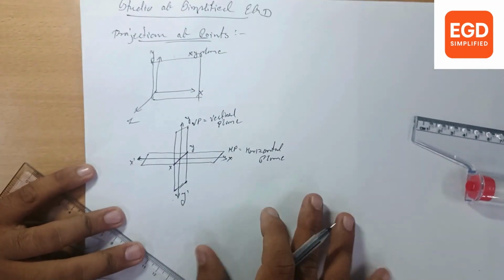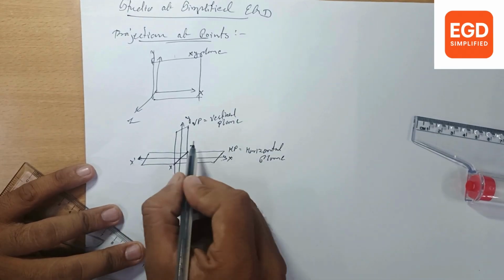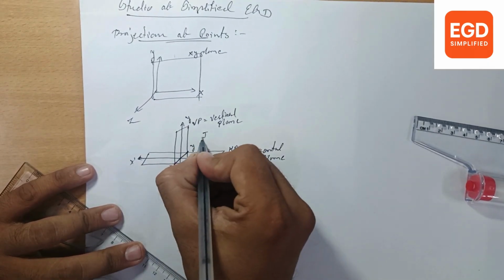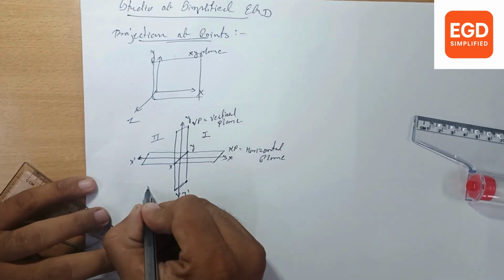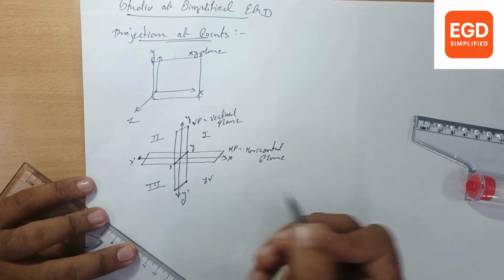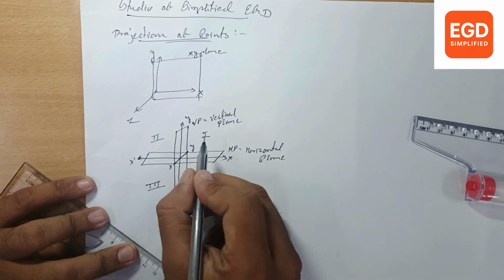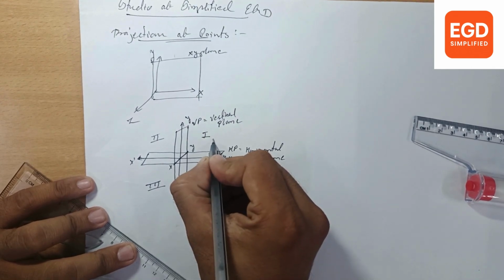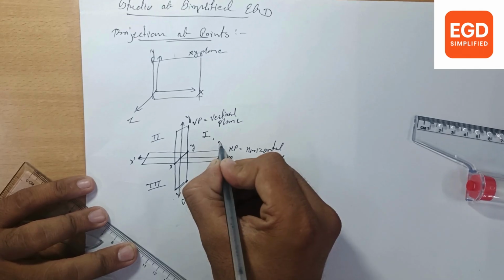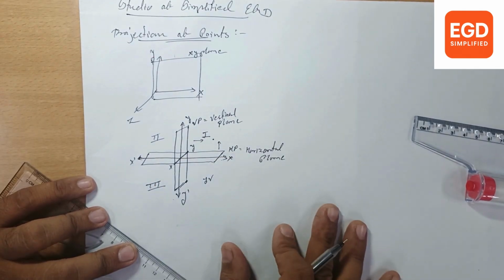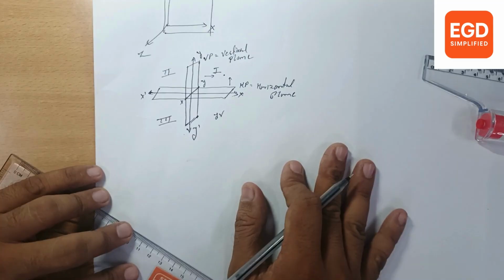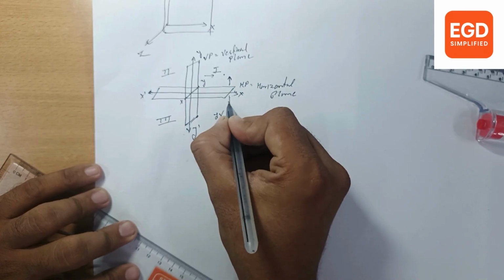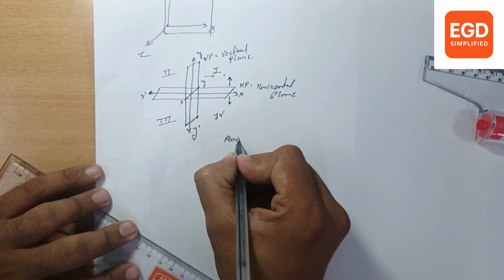Now for the projection of points, the location of the point will be given in any of these quadrants. This is your first quadrant, this is your second quadrant, this is third quadrant and fourth quadrant. Your point might be placed in the first, second, third or fourth. If your point is here, it is called above HP and in front of VP. There are four terms that we are going to consider. For HP, there are the words above and below.